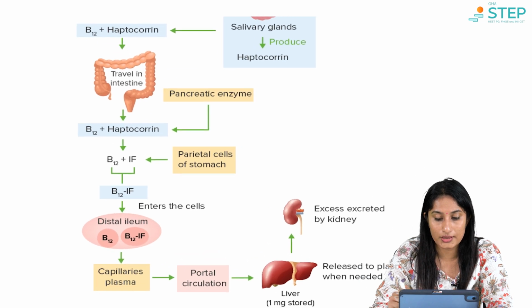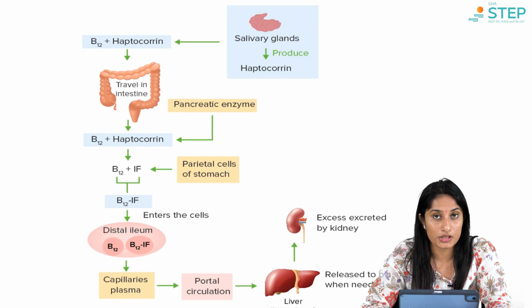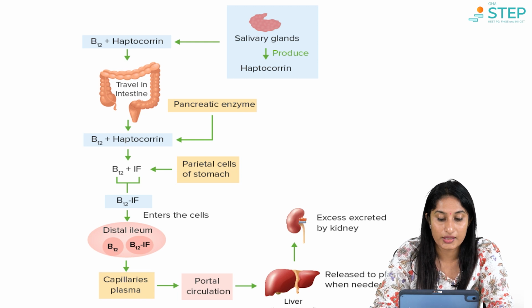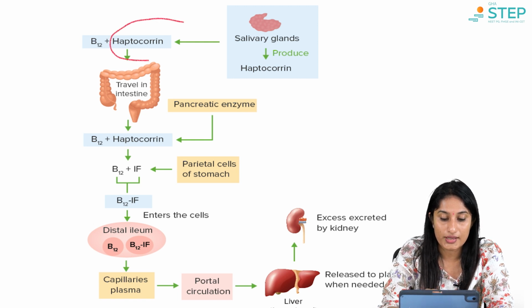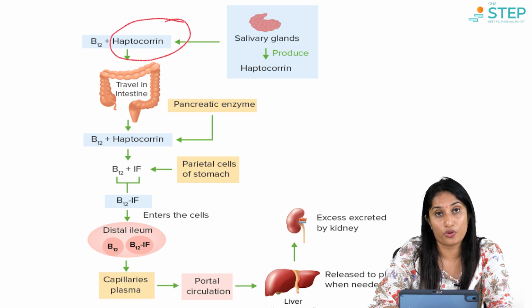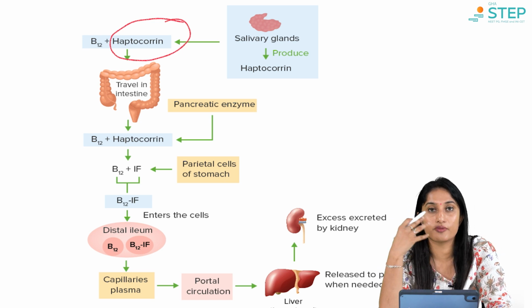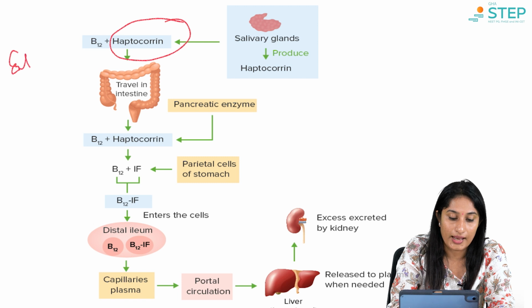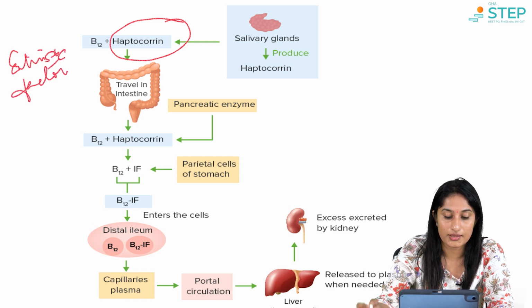If we want to look a little more at vitamin B12 absorption and transport, we have in the saliva what is called haptocorrin. B12 and haptocorrin come from the diet itself, so B12 is called the extrinsic factor, because we take it in the diet.